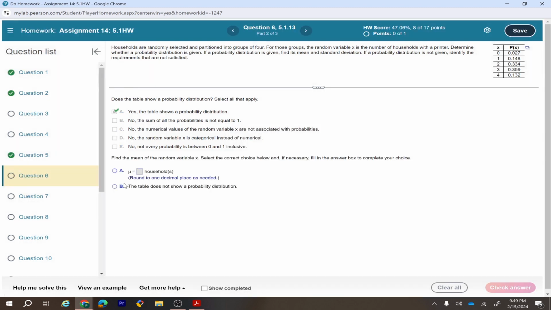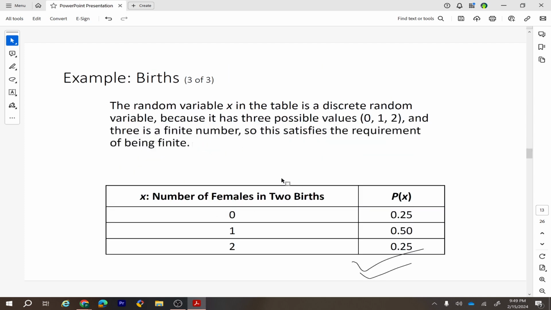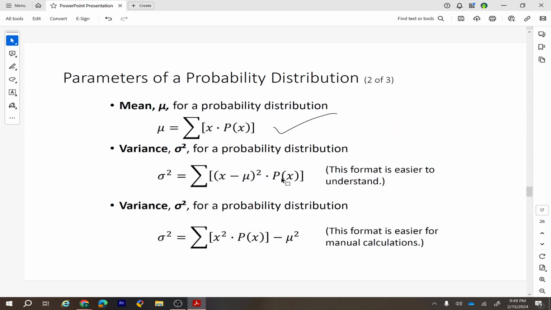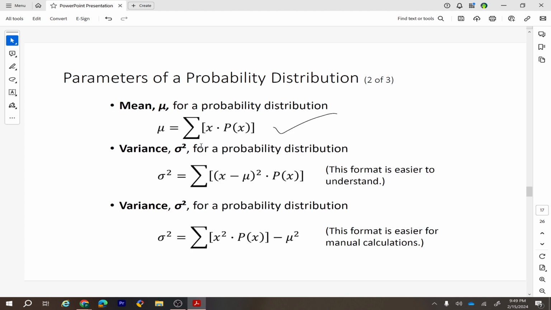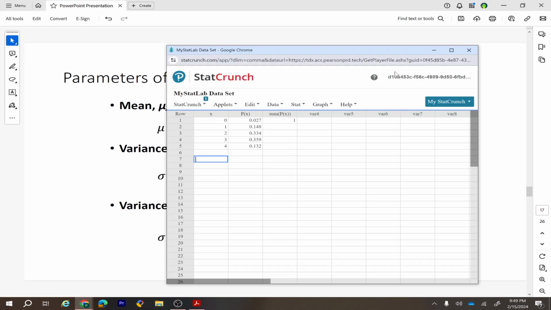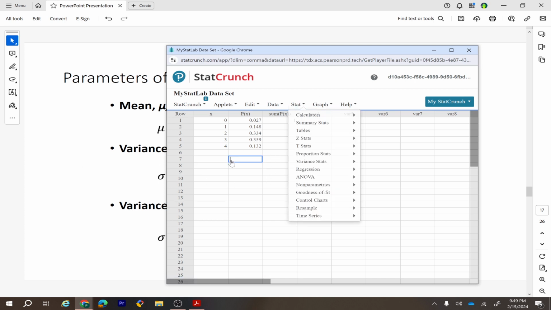Now the question is, how do you find the mean and standard deviation? There are formulas for finding the mean and standard deviation, like I showed you here. This is the formula for the mean, and this is the standard deviation. You can calculate this step by step manually by multiplying x times p of x and then adding all these values, or you can use StatCrunch.